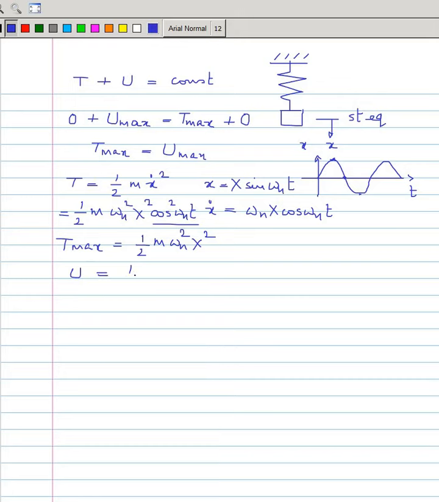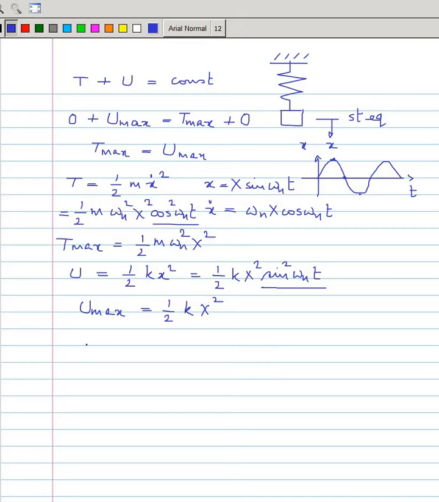And you know Umax is half k x square sine square omega n t, and when U is Umax, the sine square omega n t has to be 1. So Umax is half k x square.